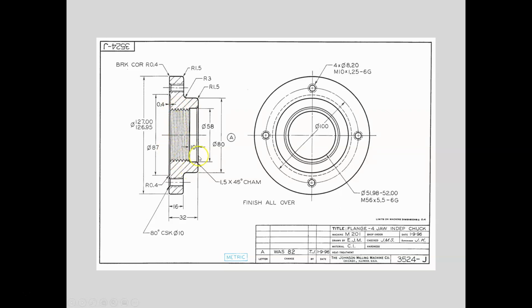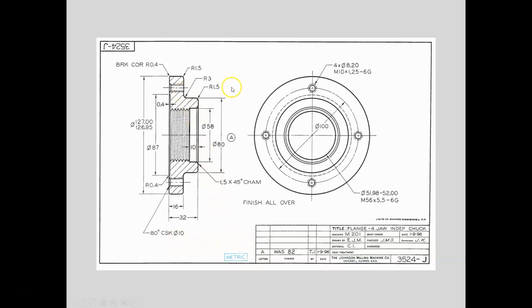Okay, and there's some detail here. We actually have a counterbore, which opens up to the threads here. The counterbore has a chamfer on the front end here, and then there's a relief on the back end of 0.4 millimeters. By the way, this is a metric drawing. Okay, we can see that right down here.